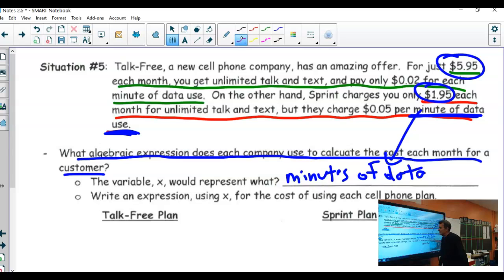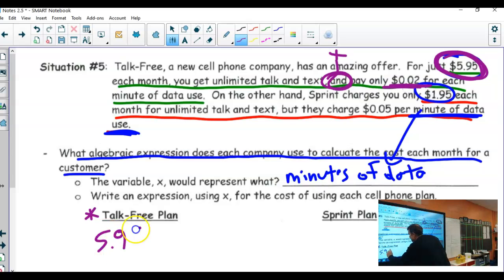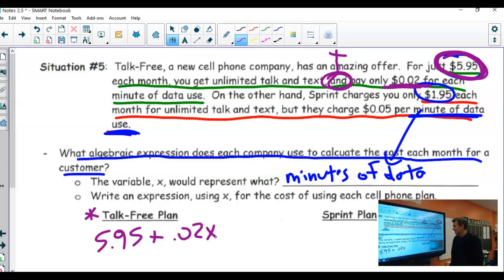And then I need to write an expression. How much does Talk Free charge me? Well, they charge me $5.95, and, which means plus, 2 cents for each minute of data. So $5.95 plus 0.02 times the number of minutes of data. This would be 2 cents for each minute of data, plus the $5.95.